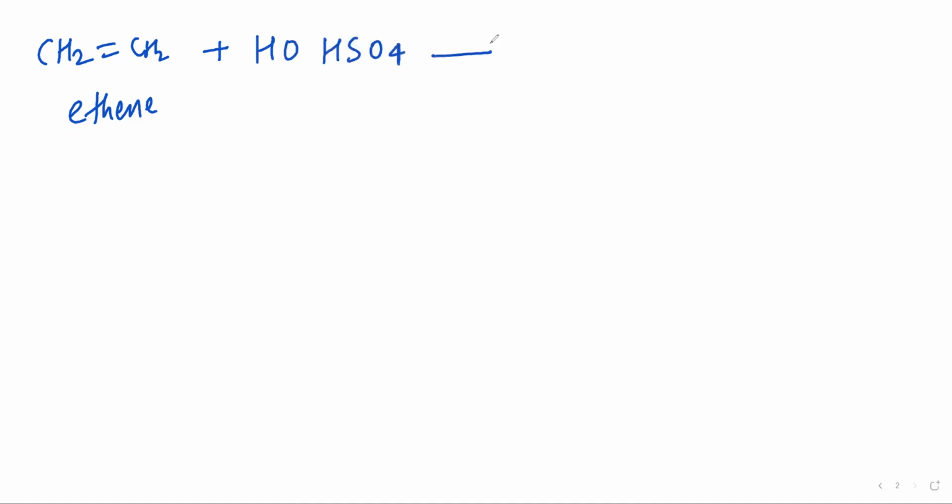Now see the next part. CH2, right? So when this ethene reacts with sulfuric acid, I can write sulfuric acid as HO-HSO4. It is nothing but your sulfuric acid H2SO4, right? So what will happen now?